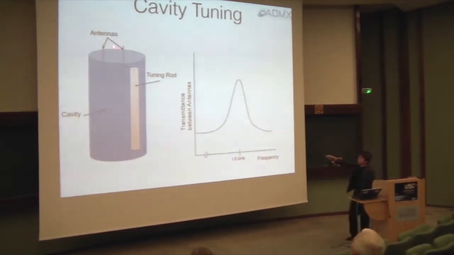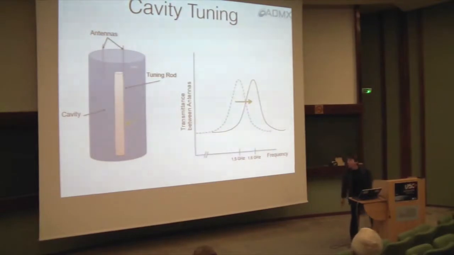So for some tuning rod configuration in the cavity, there's a resonant frequency. We can measure this just doing transmission with two antennas. And then if I perturb that rod, move it a little bit, we've pushed the field solutions around and we've shifted the resonant frequency. So I can scan through listening for different axion mass.